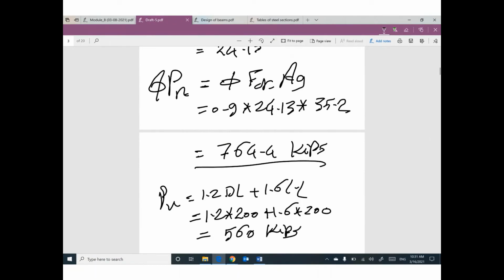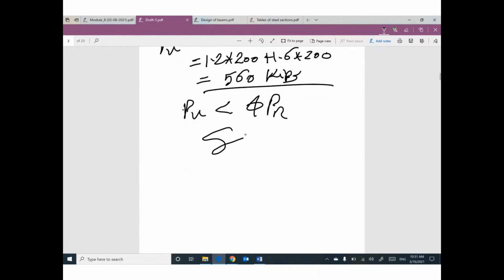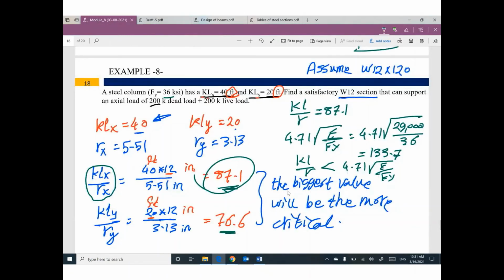So the final conclusion: P ultimate is smaller than phi Pn, safe. And I think your number 560 is smaller and somehow close to 764. So your cross section, which is W12 times 120, is safe and somehow economic.